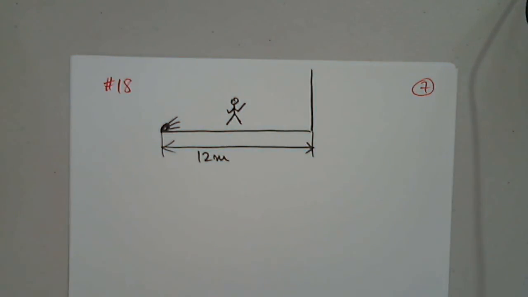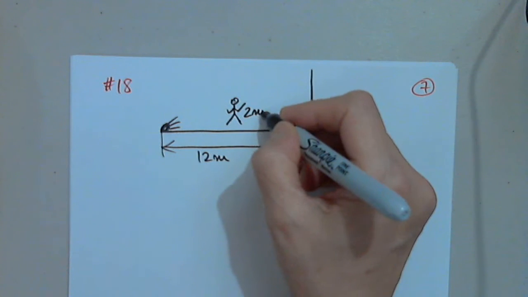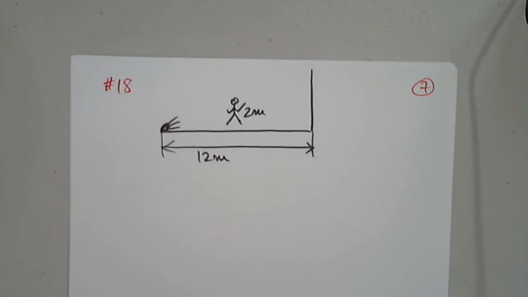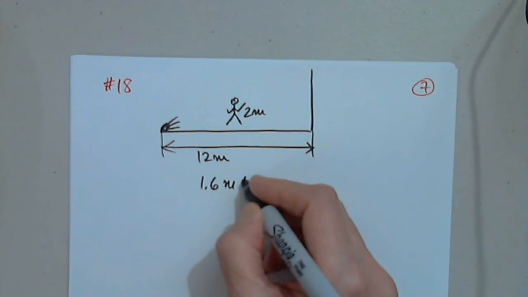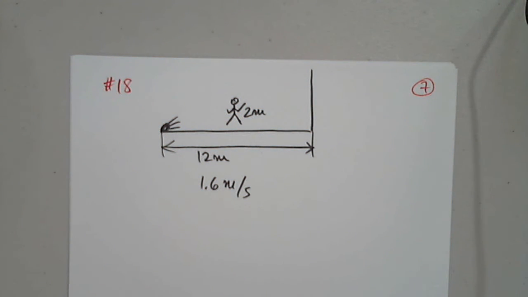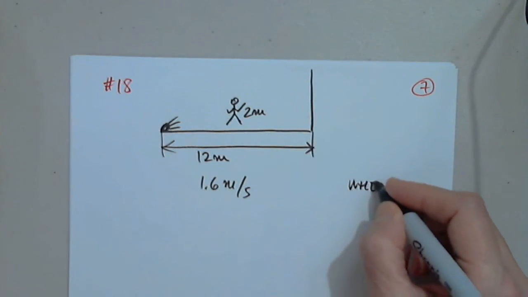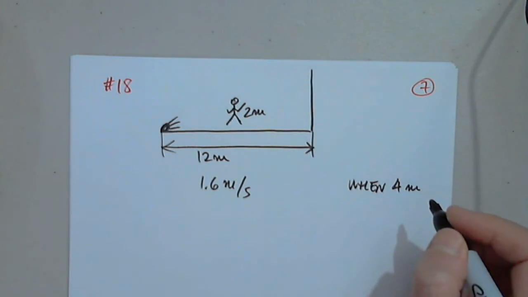Sorry about that. But he's 2 meters tall. The speed is 1.6 meters per second. How fast is the length of his shadow on the building decreasing when he is 4 meters away? Disregard this till the end of the problem.